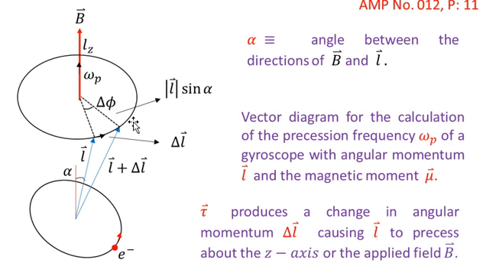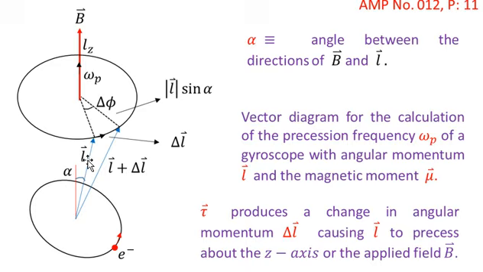This upper loop is the precessional motion of the vector L, the orbital angular momentum of the electron, about the magnetic field B. If you take a projection of the vector L perpendicular to the magnetic field B, you will get the quantity |L| sine alpha, which gives the radius of the upper loop, which indicates the precessional motion of the angular momentum L.